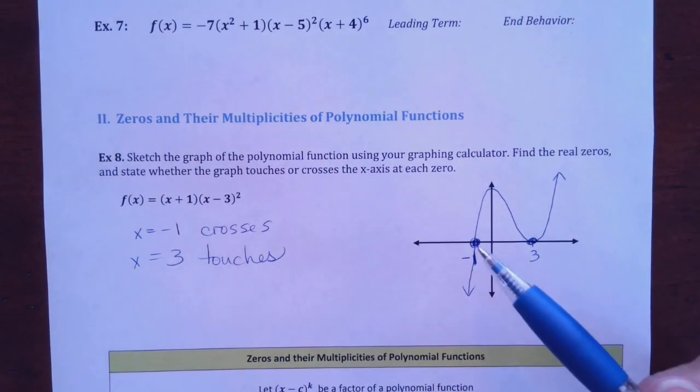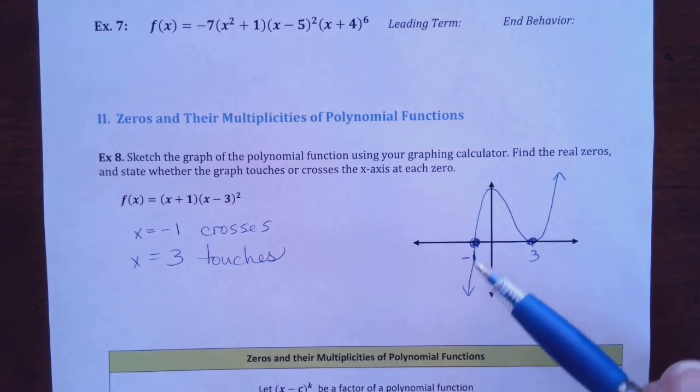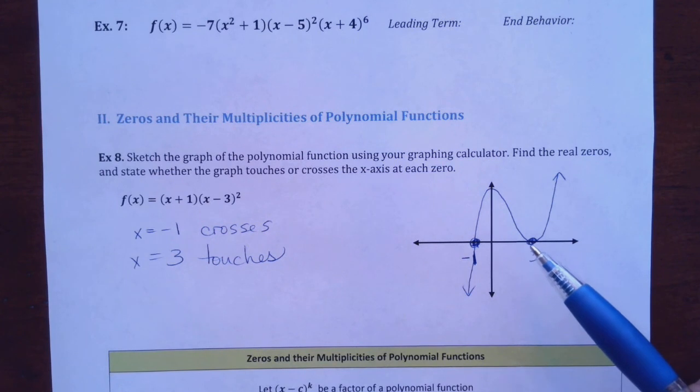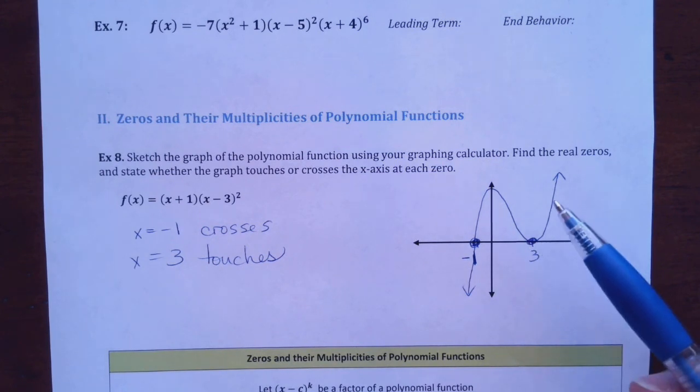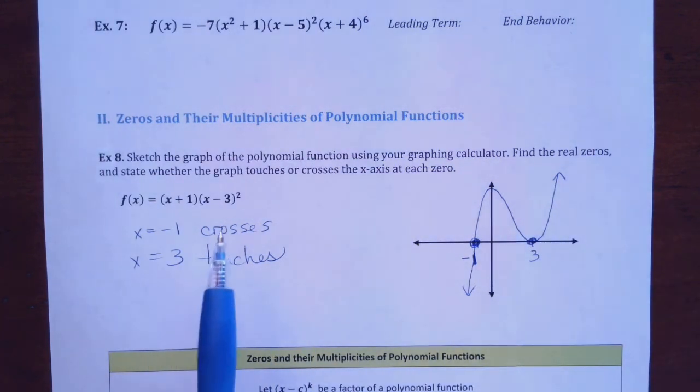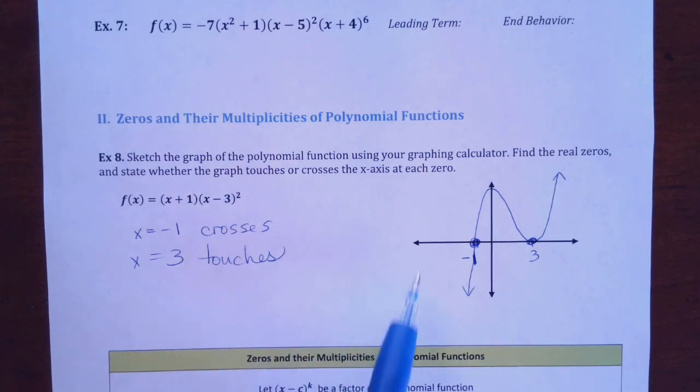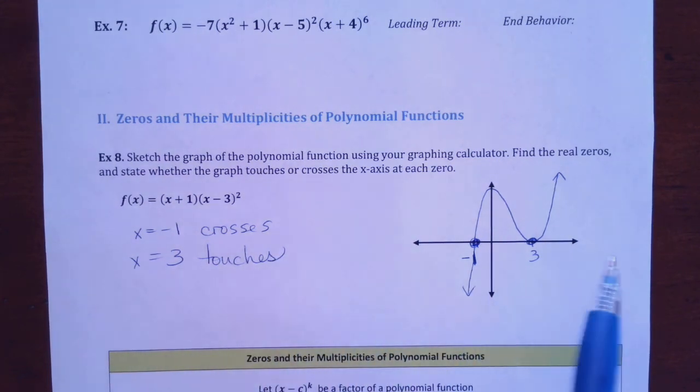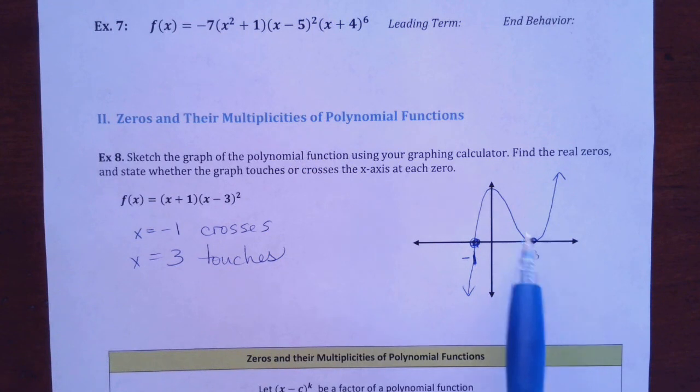So that's what we're going to talk about right now, the multiplicities. I just sketched the graph on here like it asked me to. I had a root at -1 and the graph went through it, and then at 3, it touched and turned around. We're going to use the word crosses when it goes through the x-axis, and we're going to use the word touches when it turns itself around and does not go through the x-axis.